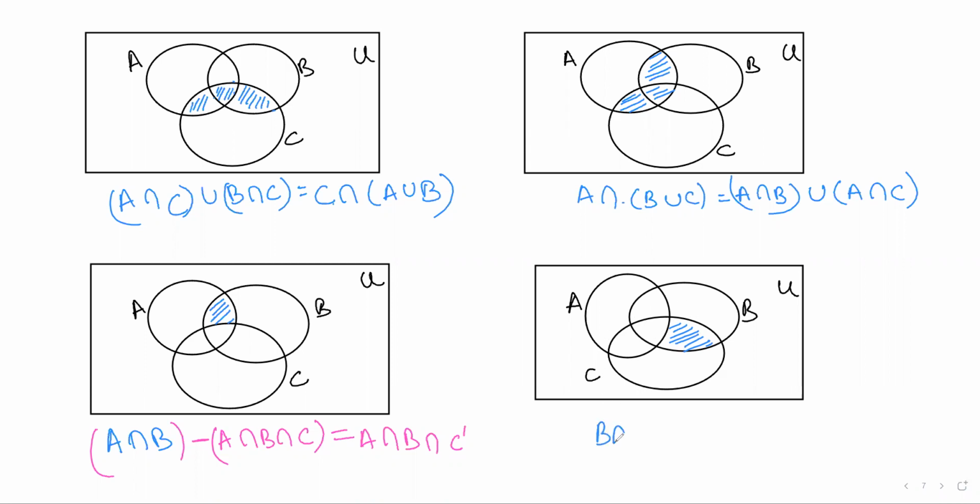So, B intersection C, you're removing the A part, or B intersection C intersection A complement. Complement is when you do not require that particular set, when you do not require the elements of that particular set. Then that is when you take a complement.